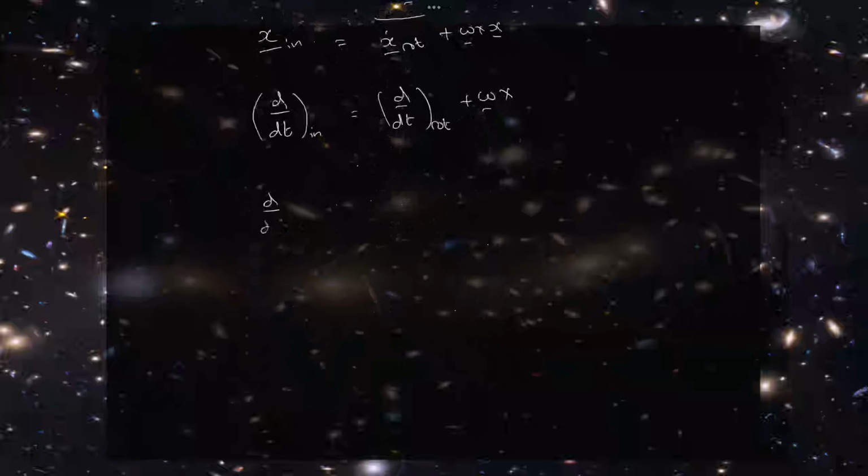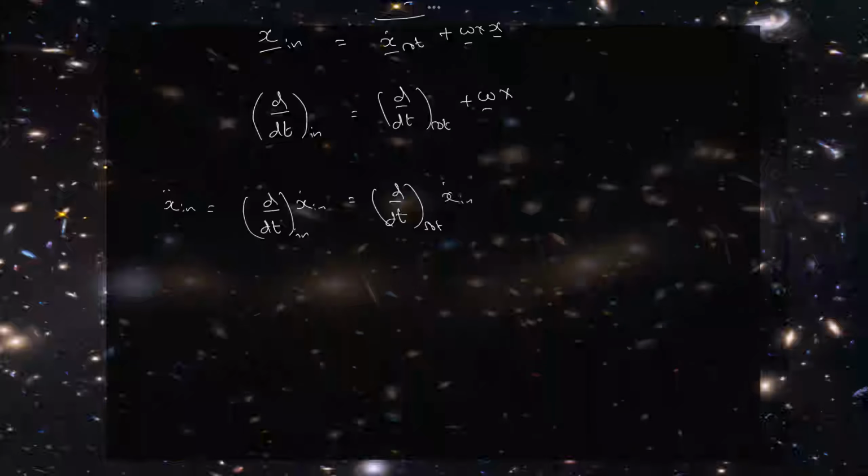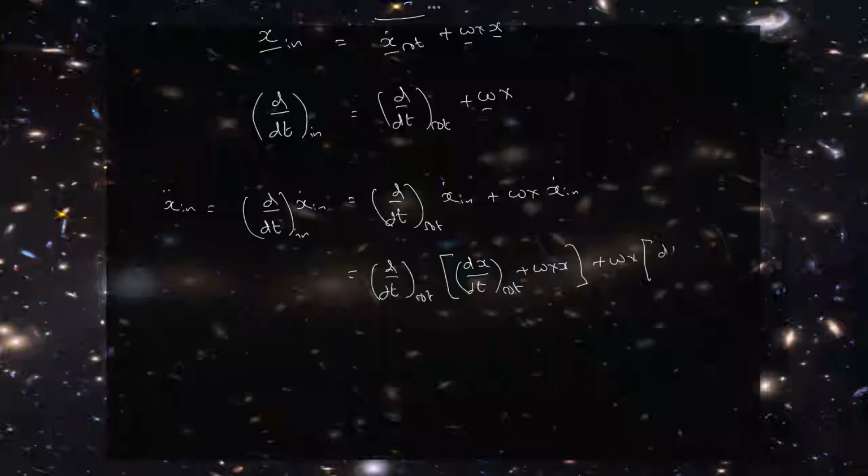In particular then, d by dt of x dot in the inertial frame, which is x double dot in the inertial frame, is d by dt in the rotating frame of x dot in plus omega cross x dot in. That's d by dt in the rotating frame applied to dx by dt in the rotating frame plus omega cross x, plus omega cross dx by dt in the rotating frame plus omega cross x.